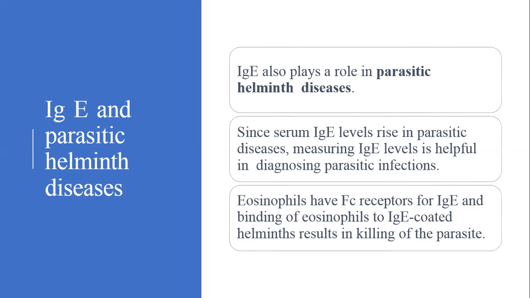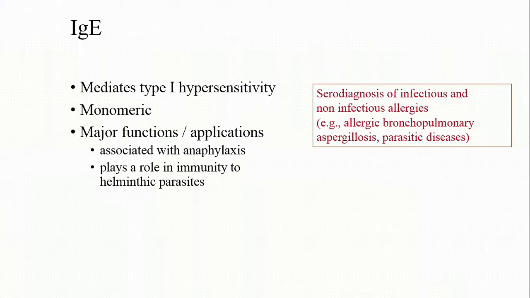Eosinophils have the Fc receptor for IgE, and binding of eosinophils to IgE coated helminths results in the killing of the parasite. IgE mediates the type 1 hypersensitivity reaction, and it is monomeric. Its major functions and applications are association with the anaphylaxis reaction, and it plays a role in immunity to helminthic parasites.